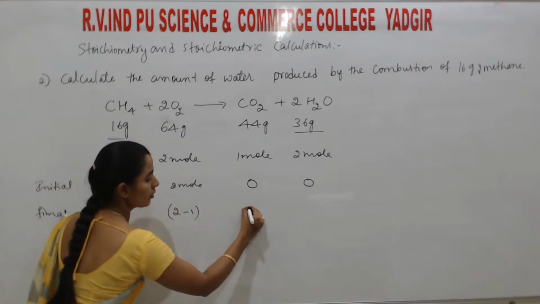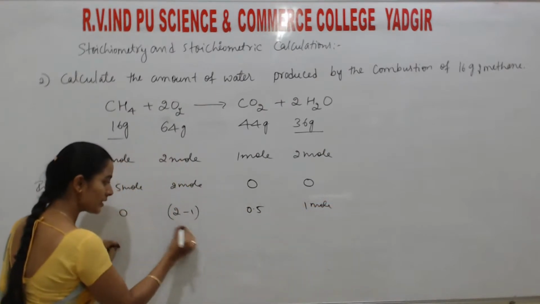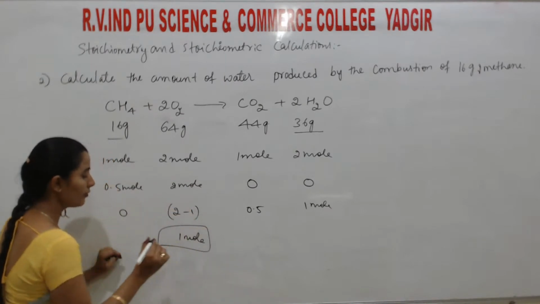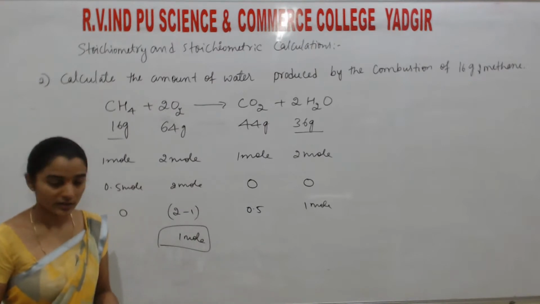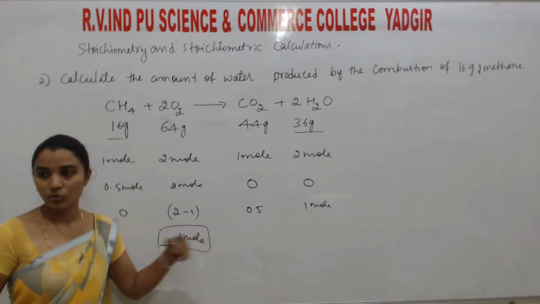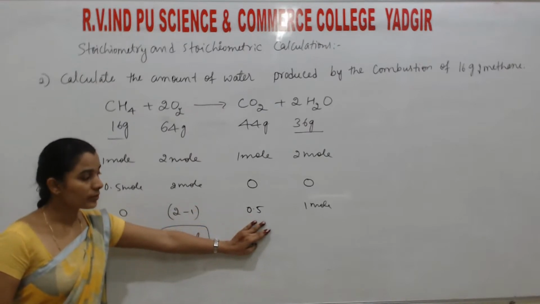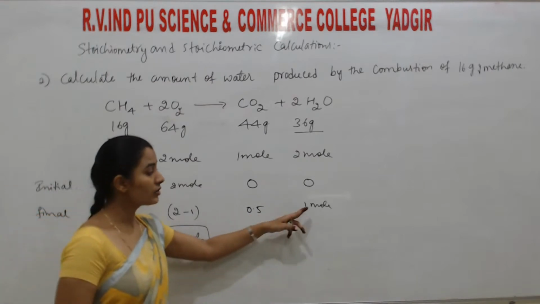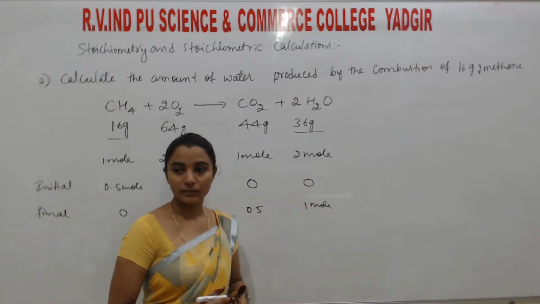This one is 0.5 mole of CO2, and this is 1 mole of oxygen left in excess. They may ask how many gram of oxygen is left in excess: 1 mole means 32 gram. How many moles of CO2 is produced? 0.5 mole means 22 gram. How many moles of water is produced? 1 mole means 18 gram.